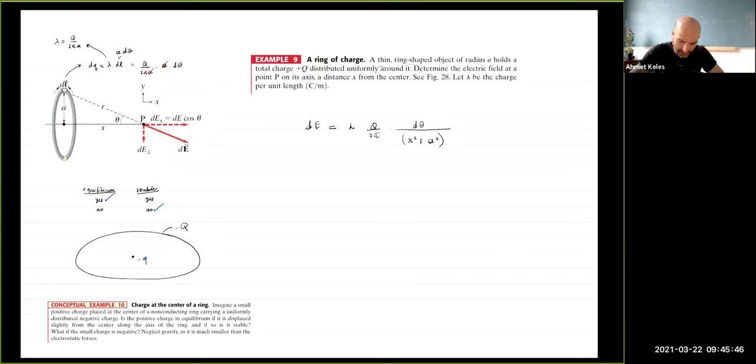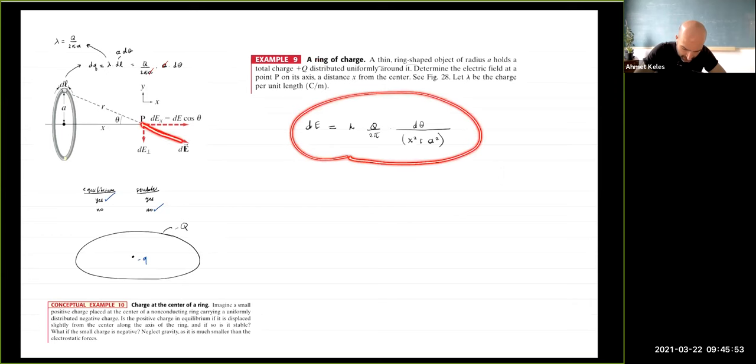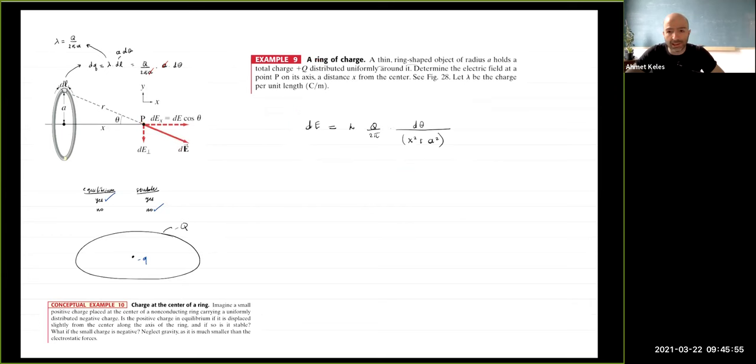Now what I should do is this. This quantity I calculated is a vector quantity, like you just pointed out. If I integrate it in this form, I will get garbage, because it's like integrating a vector quantity as if it were a scalar.